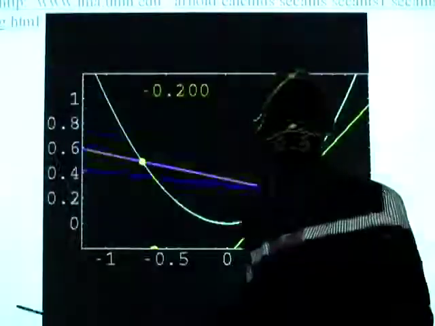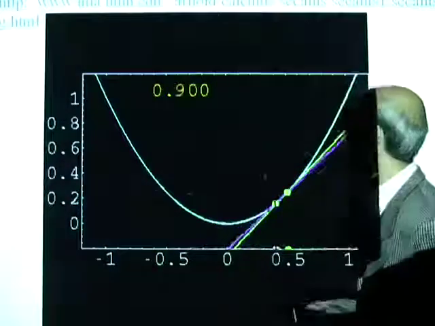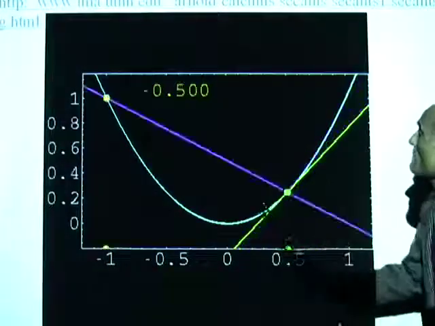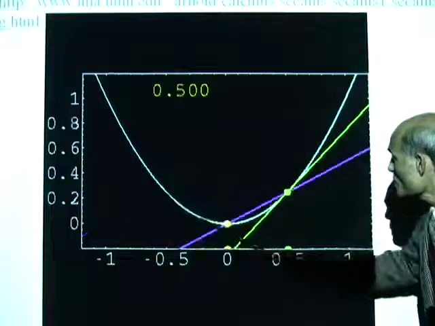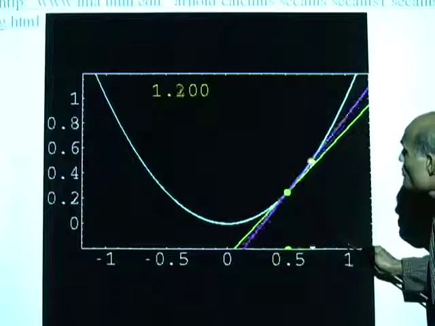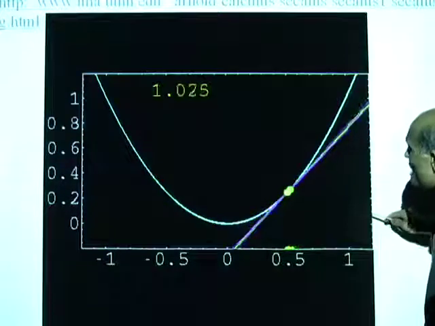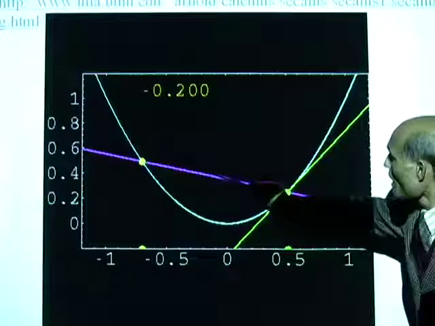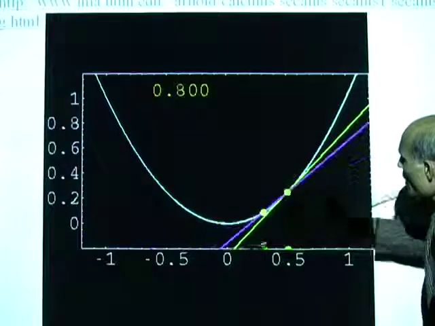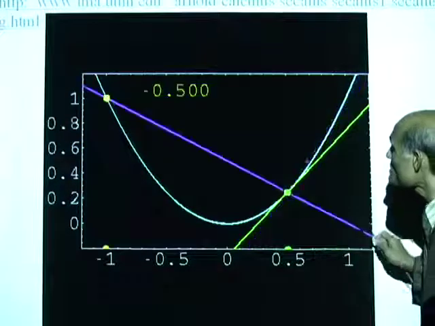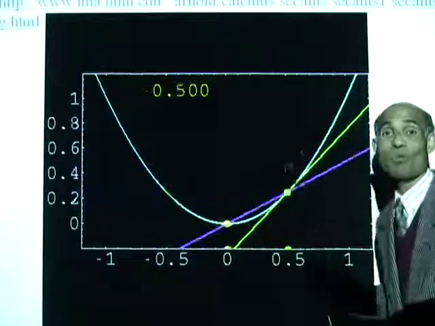Okay, I think I have an animation showing that concept. Here, you can see delta t gets closer and closer to 0, and the secant line becomes a tangent line. Average velocity in an interval becomes instantaneous velocity at a point.